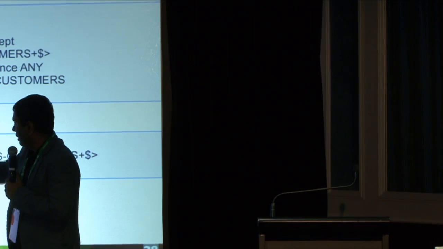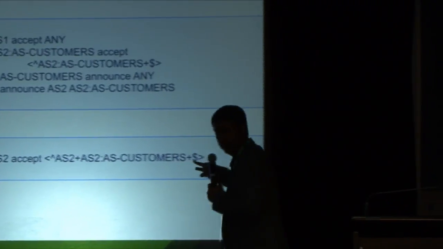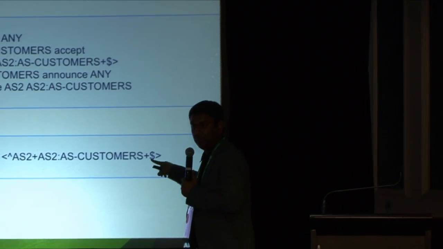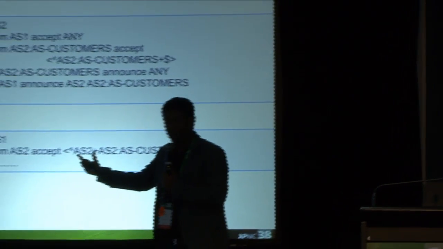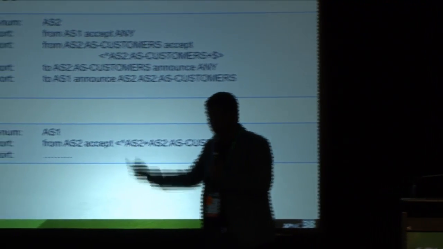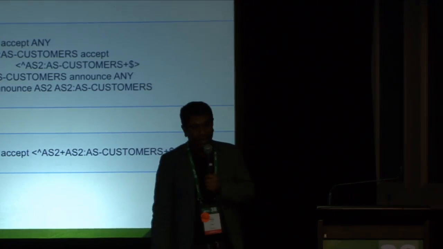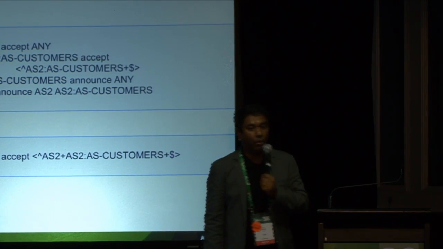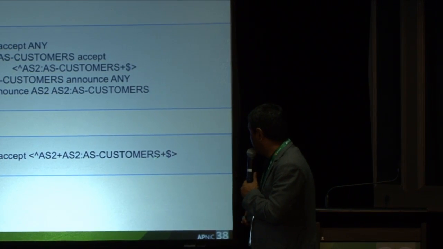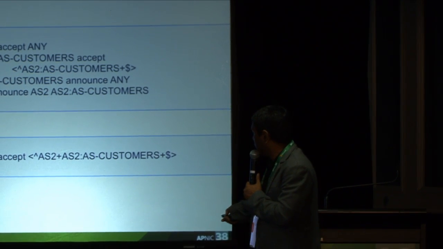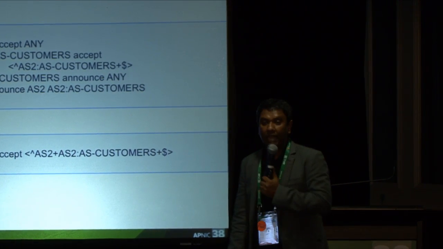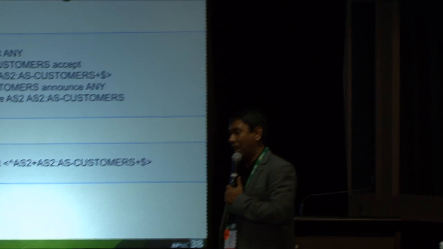Accept AS2 plus AS2 customers. So if I have this single statement in my import statement, then all the ASes who belong to this AS set will get transit allowed through your network.